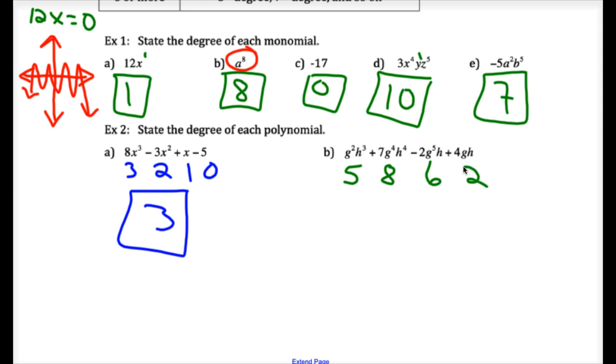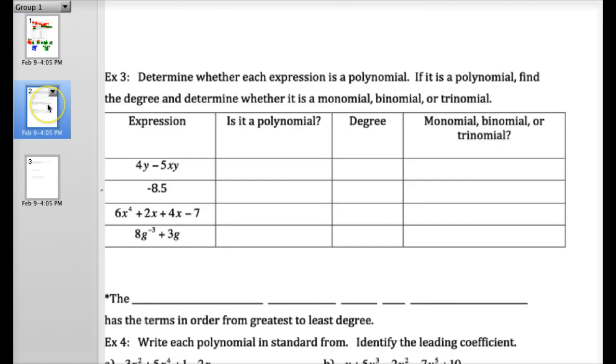Quinlivan, what's the degree of the whole thing? 8, the biggest one. All right. So the degree of the whole thing there is 8. All right, not too bad.